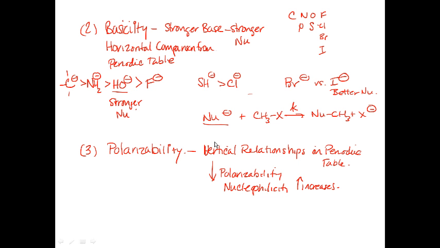But what is polarizability? Well, polarizability is what I call squishiness. It's basically the ability that the ion has to deform. And when it deforms, it can therefore concentrate electron density.